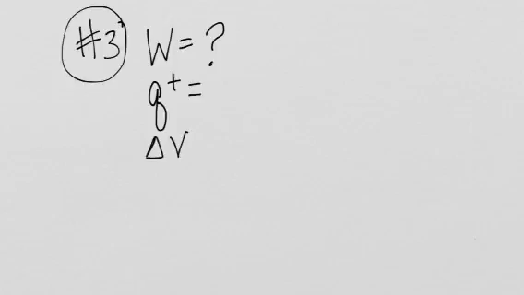It says, what is the total amount of work required to move a proton, so our Q is a positive charge, through a potential difference of 100 volts. So our delta V is equal to 100 volts.